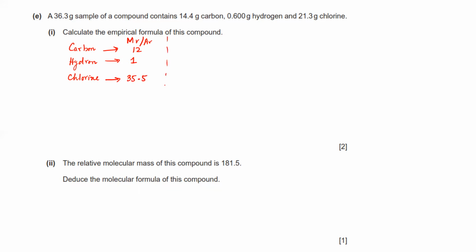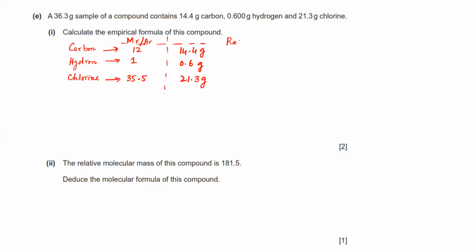In the compound, we have 14.4 grams of carbon, 0.6 grams of hydrogen, and 21.3 grams of chlorine. Okay, so first of all, let's try to find out the ratio.